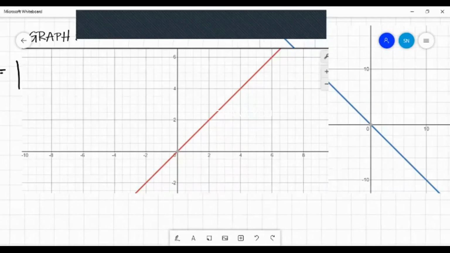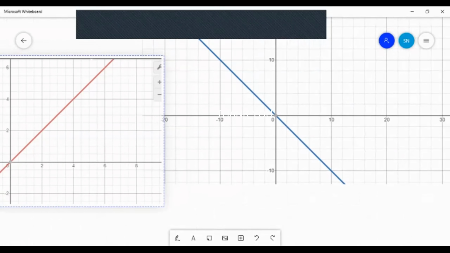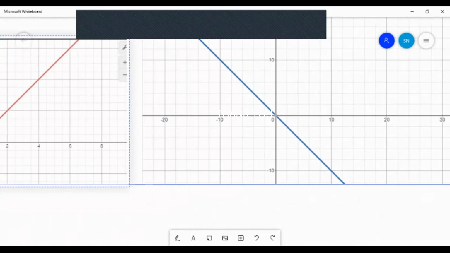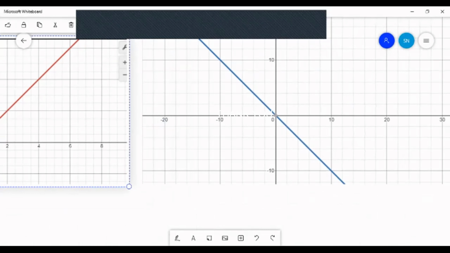Similarly, the graph y equal to minus x is valid only for negative values of x. So let us remove the part of y equal to minus x along the positive x-axis, because in its input, positive values of x are not present.